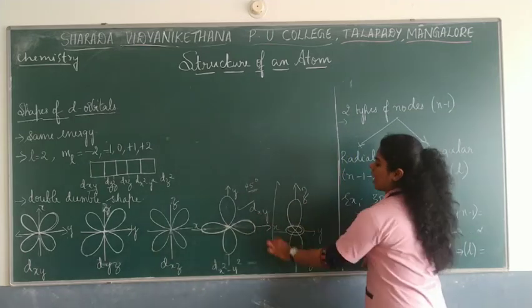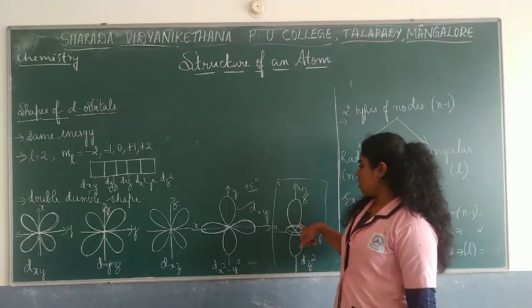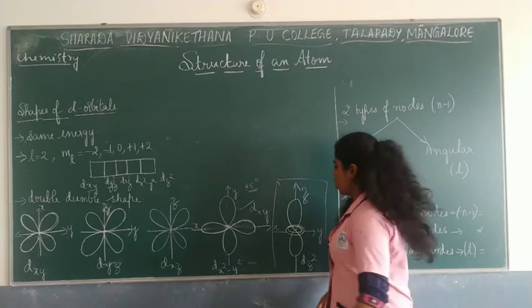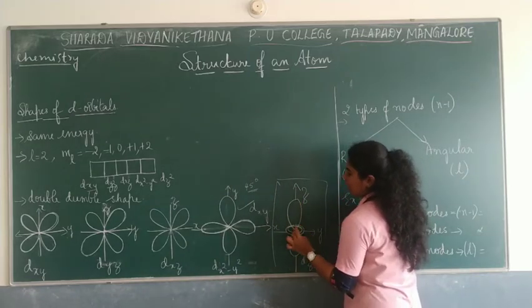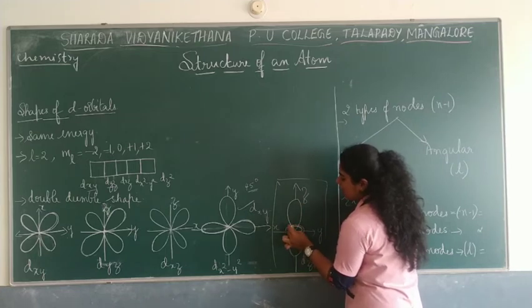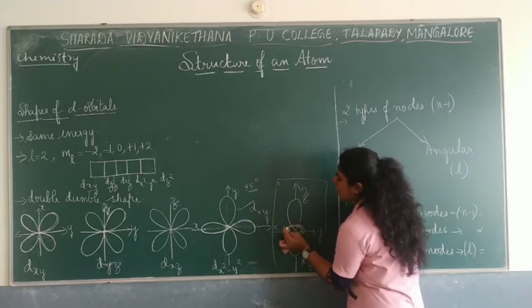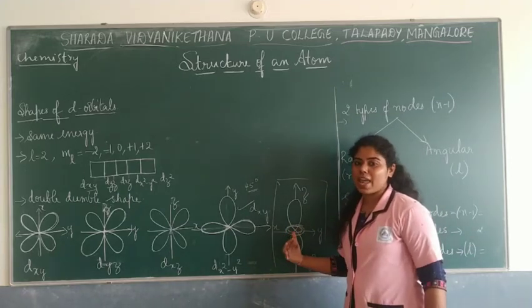If you are talking about the last one, that is dz square orbital, here as you know dz square represents the z-axis. So here one lobe is being drawn around the z-axis, and then there is an electron cloud. There is a circular lobe which covers the x as well as y-axis.